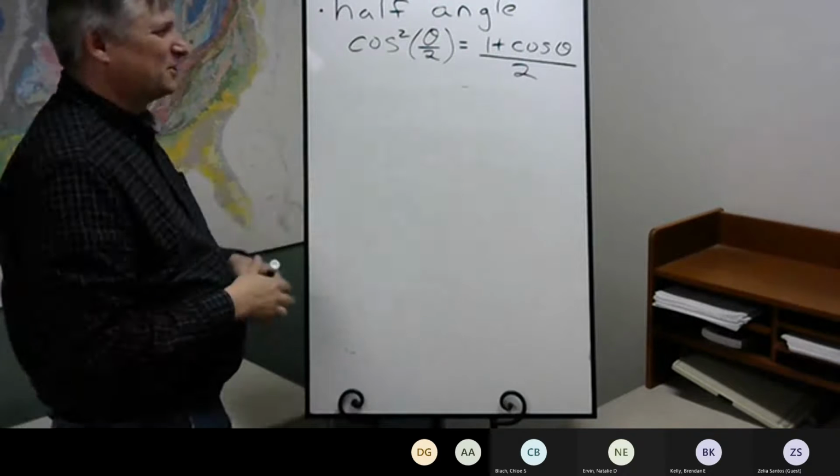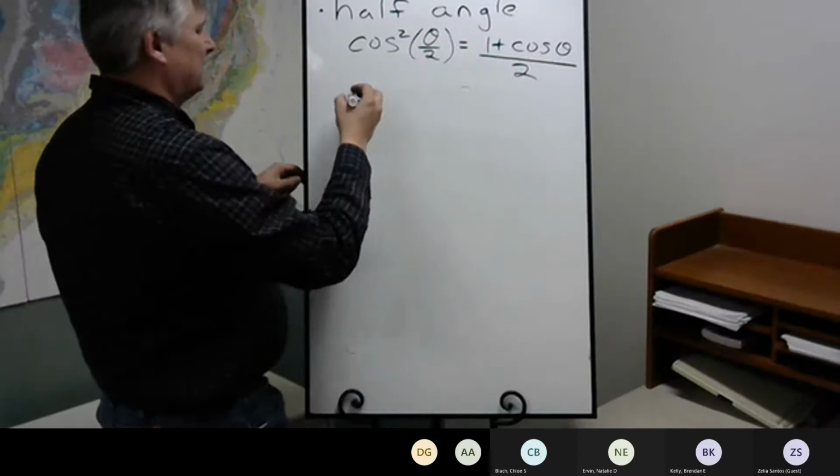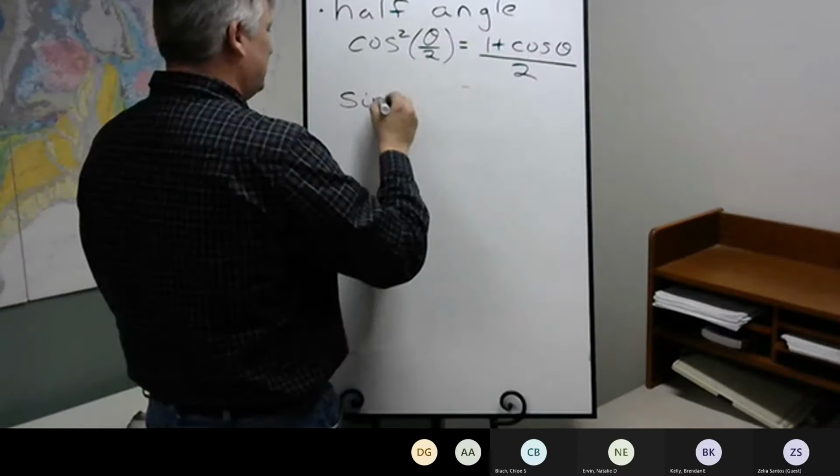And really it's just a version of the last two double angle formulas we just saw. It's just written a little bit differently.